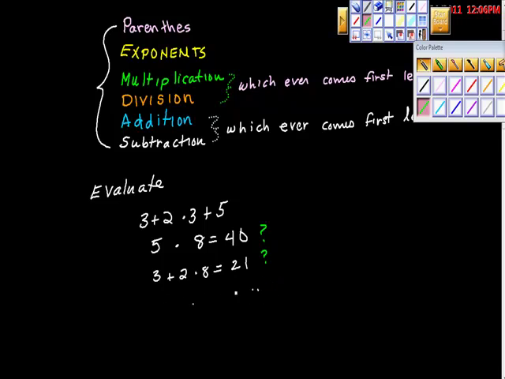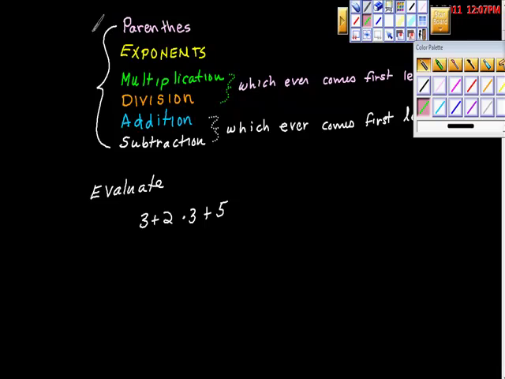Let's see if we can figure this out now using the order of operations. It says we're supposed to deal with our parentheses first. If you look at the problem, there are no parentheses, so check that off. And we go to exponents. These all have exponential values of 1, so the exponents are already done. Now multiplication is the next thing we're going to do. This is the first thing I see for multiplication.